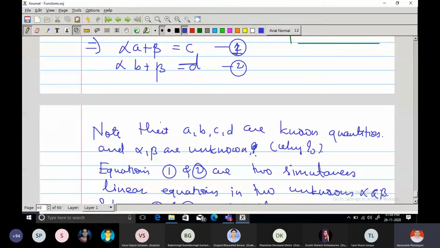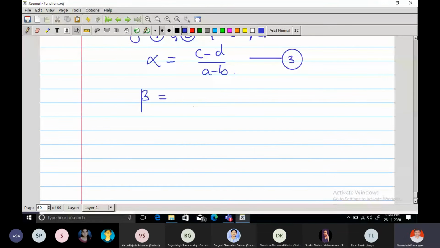So what do we get? BC minus AD divided by B minus A. Or the other way, I can write AD minus BC divided by A minus B. Right, so let us call it the fourth.